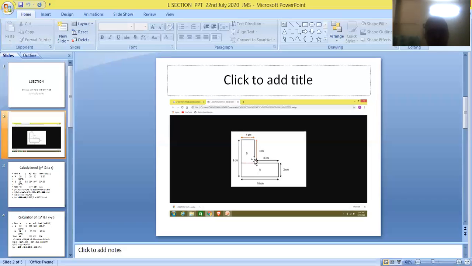The depth of this component is written as 9 centimeter minus 2 centimeter. So this value of 7 centimeter is obtained by subtracting 2 centimeter from 9 centimeter. So friends, this is the way.